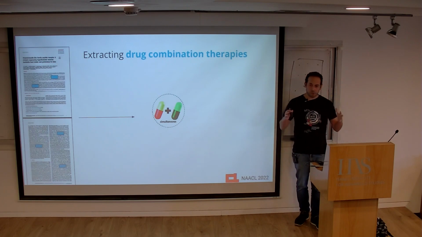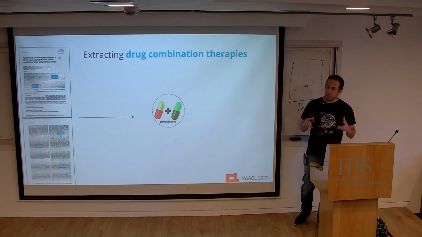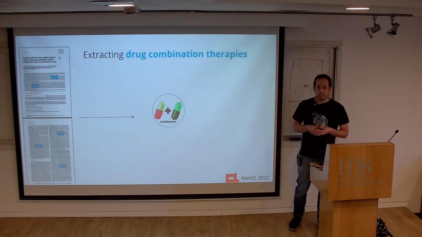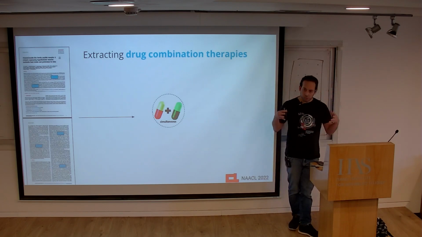So as I'm sure a lot of you know, drug combination therapies are of central importance in a lot of treatments. For example, in oncology, it's pretty much standard to use combinations of drugs.